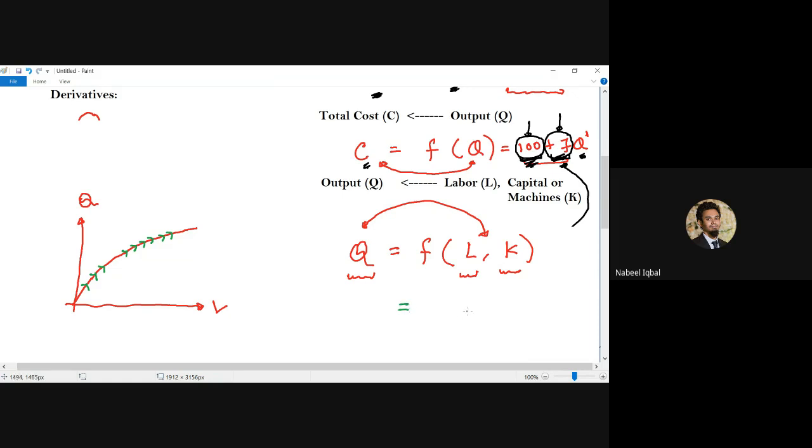Mathematically, it is actually represented by using a power of less than 1 and greater than 0. So for example, in most of these functions, you're going to find a power that is less than 1 and greater than 0. And this ensures that we can capture this relationship, which, as you might remember, is called the law of diminishing marginal returns.